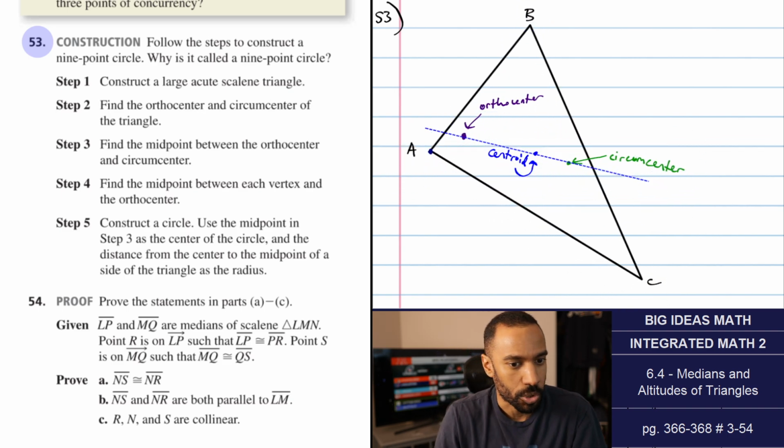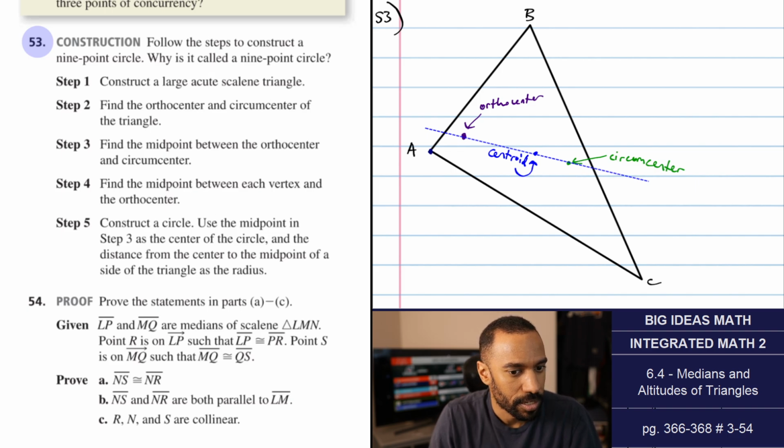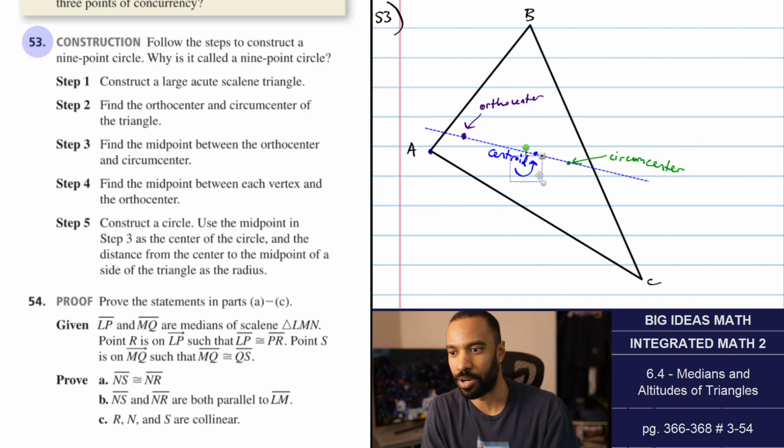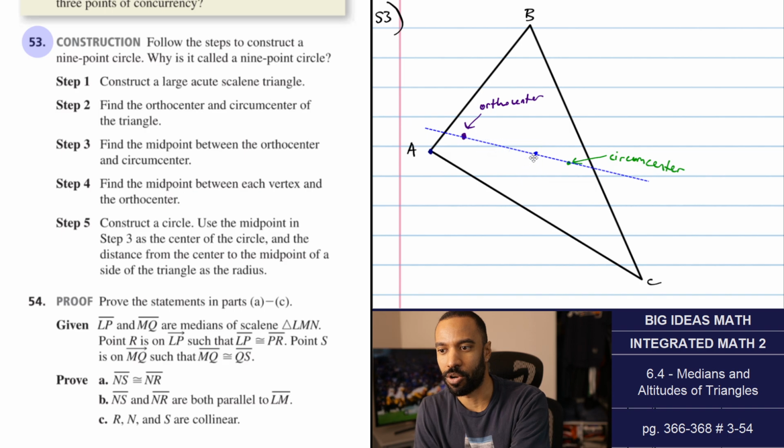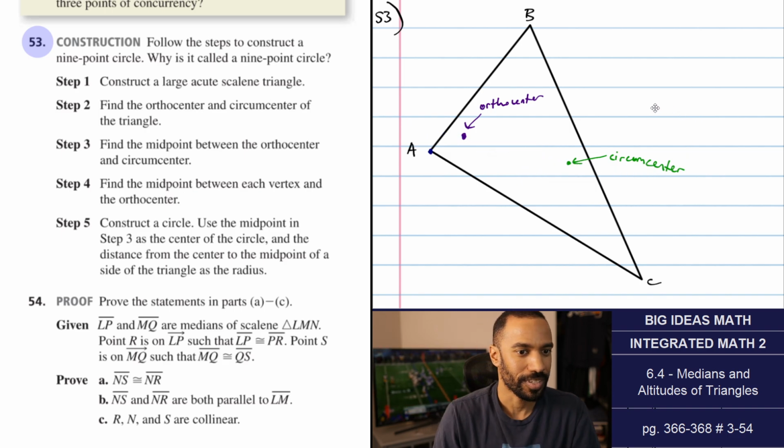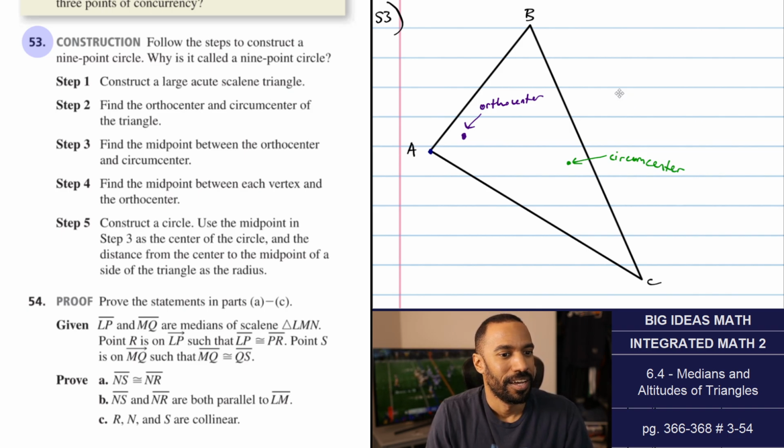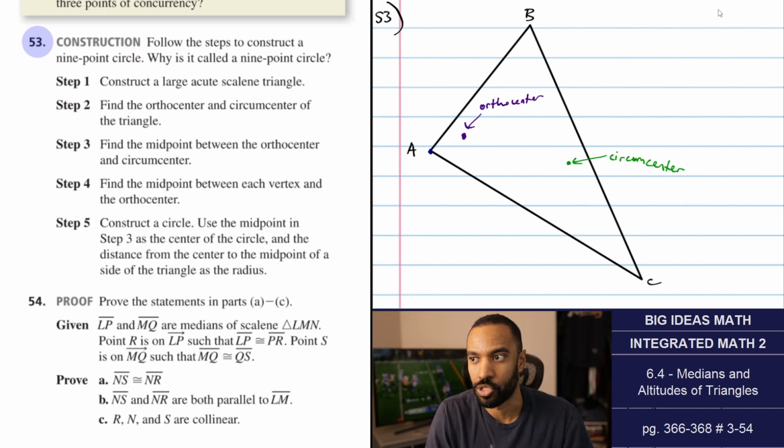Okay, do this. Find the orthocenter and circumcenter. Do we need the centroid? Look for the word centroid. No, I'm getting rid of the centroid. All right, find the orthocenter and circumcenter. Done. Sorry. Find the midpoint between the orthocenter and circumcenter. Okay, so to do this, we're going to have to do construction. So we have orthocenter, circumcenter. Let's hope that it's as close to accurate as possible.